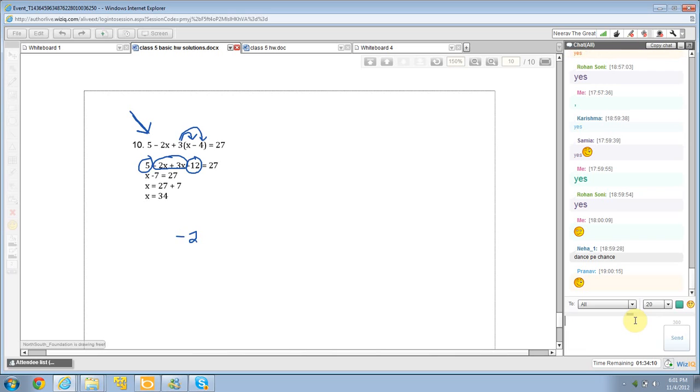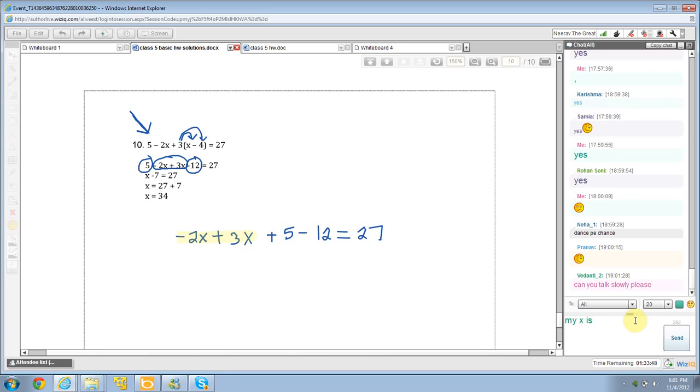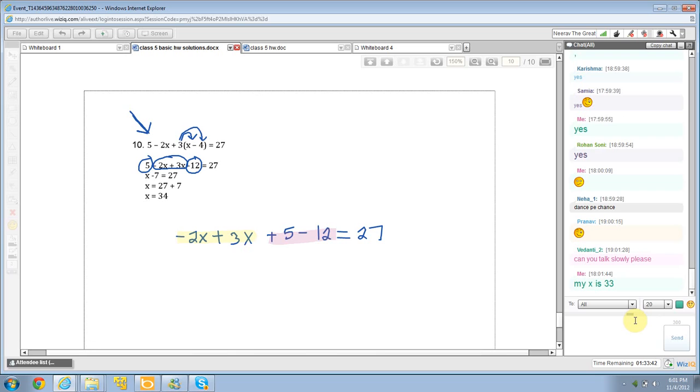So you can rewrite this as minus 2x plus 3x plus 5 minus 12 equals 27. So you group all your like terms first. Here's one set of like terms, and the other set of like terms is the numbers. Okay, so I'll go a little slower.